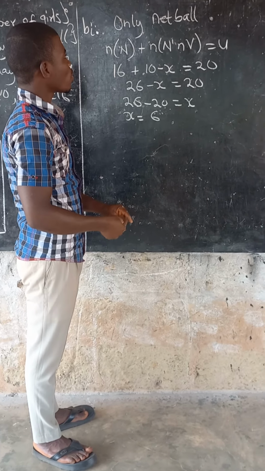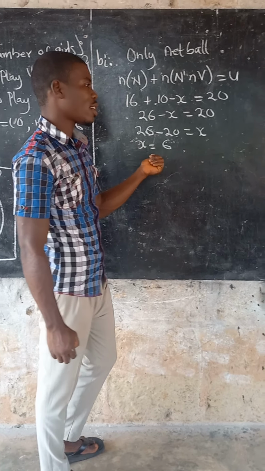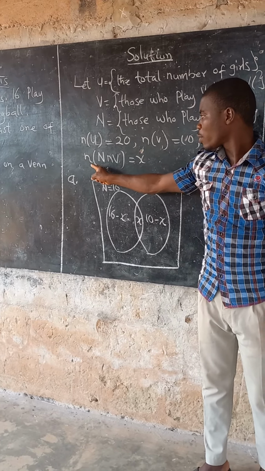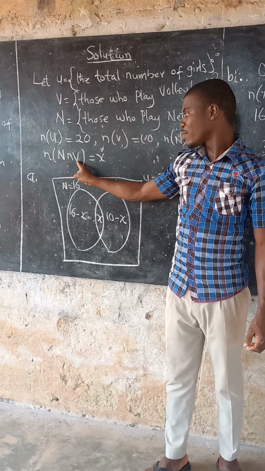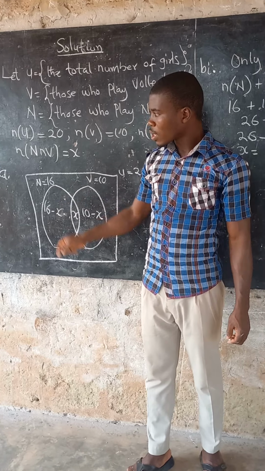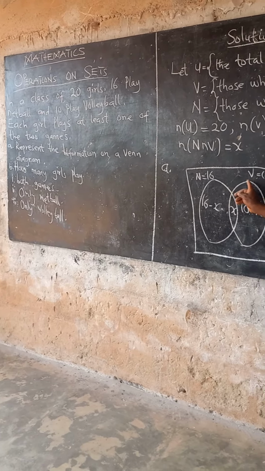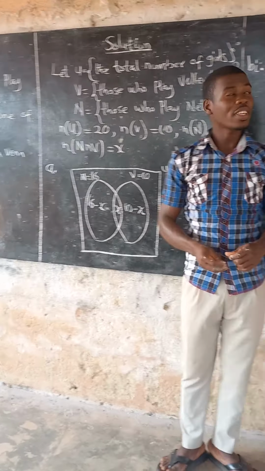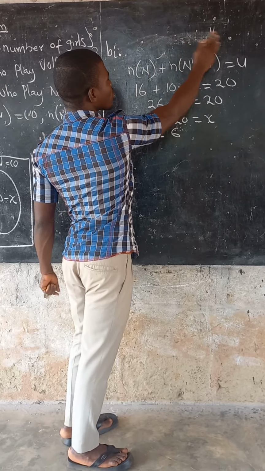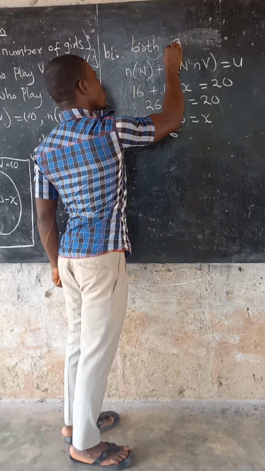But don't forget, we said that x is the number of N intersection V, that is those who did both games.